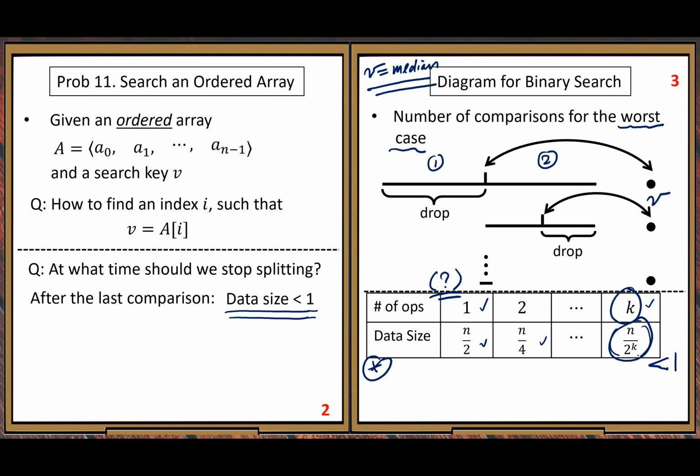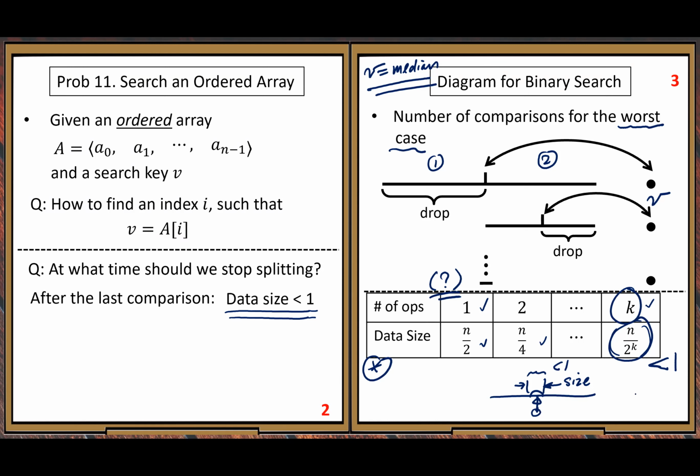If it is less than 1, you have an interval, and the size is this length. The length of this small line segment, that's the size. If the length is less than 1, it can only cover one integer, one data item, not two.